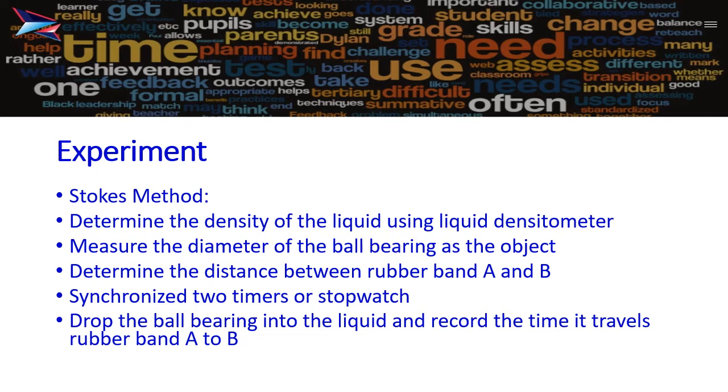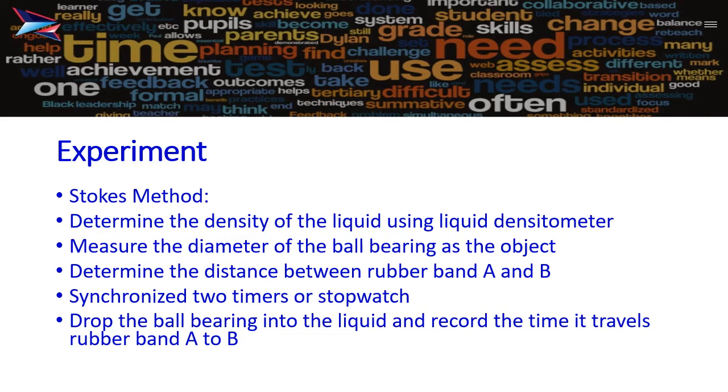You just put it into your liquid, and the floating force will apply to the object. So you will know how far the object sinks into your liquid, and you just read through the scale on the object. You will be able to determine the density of the liquid using this liquid densitometer.